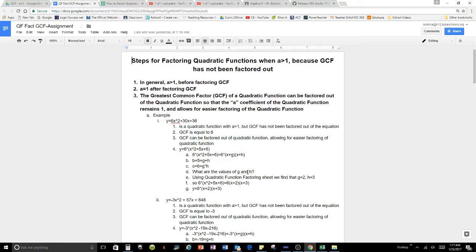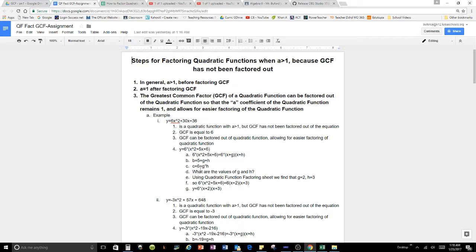From here, we could go to the quadratic function worksheet and find the g and h that give us those numbers. But if we remember our times table, we know that 2 times 3 gives us 6, and if you add 2 and 3 together, they give us 5.